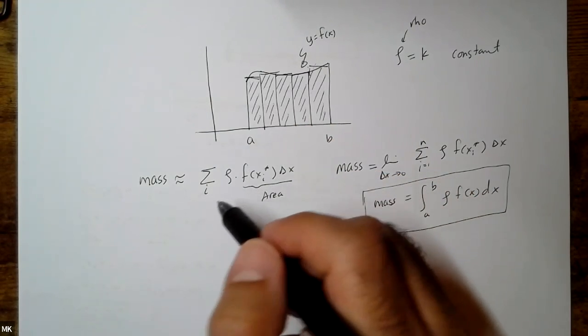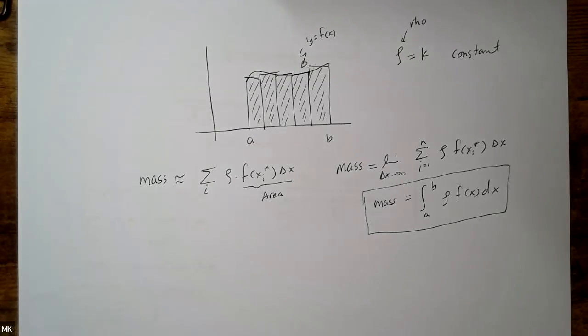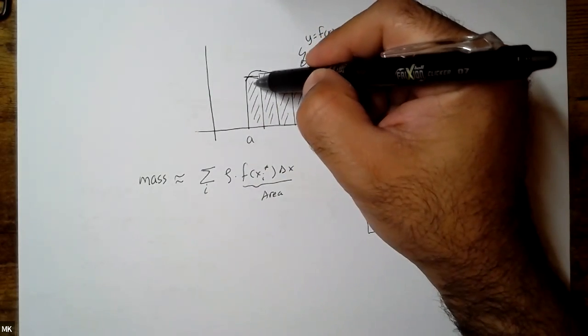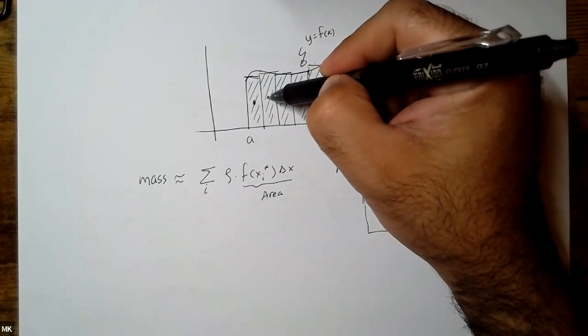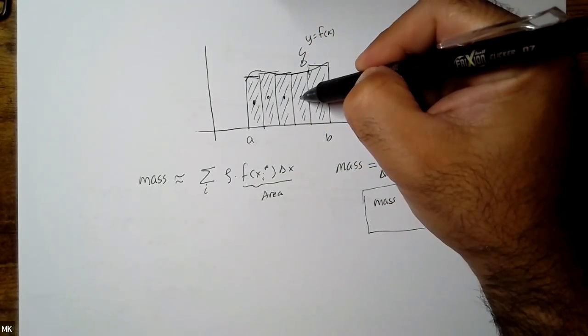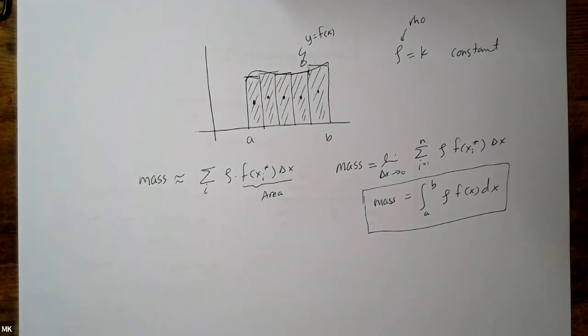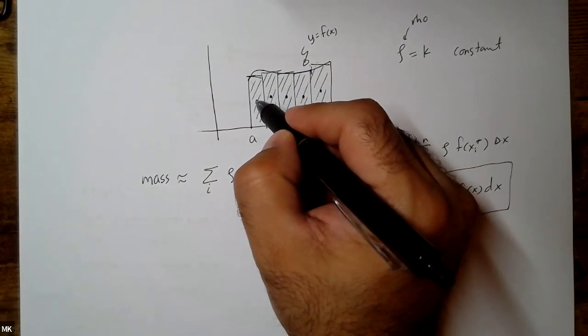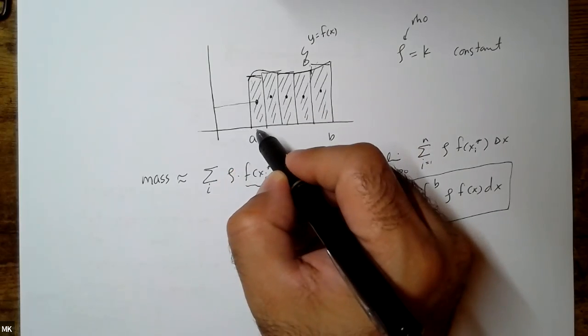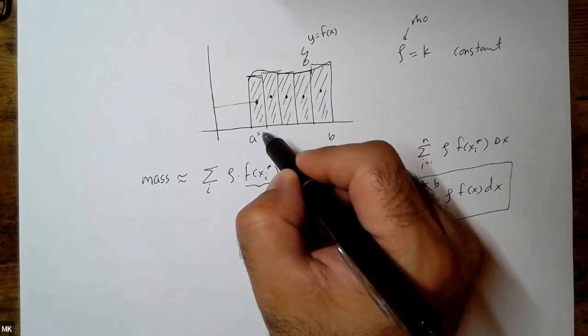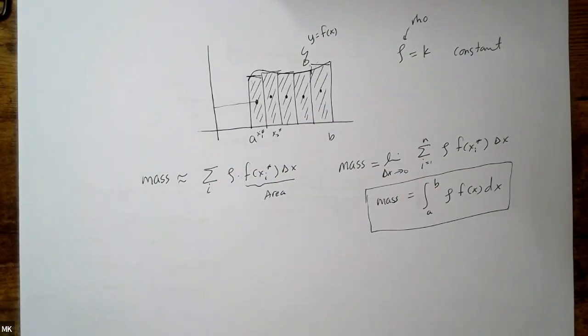So for a moment about the y-axis, I can assume that I'm going to place my masses in the middle of each of these rectangles, and the distance of each of those masses would be the xi stars. This is x1 star, this will be x2 star, and so forth.